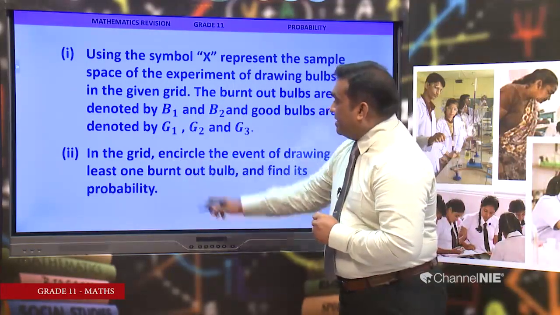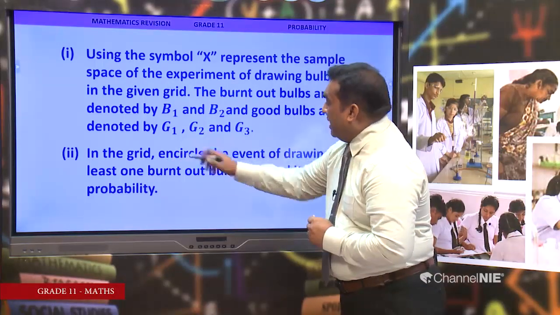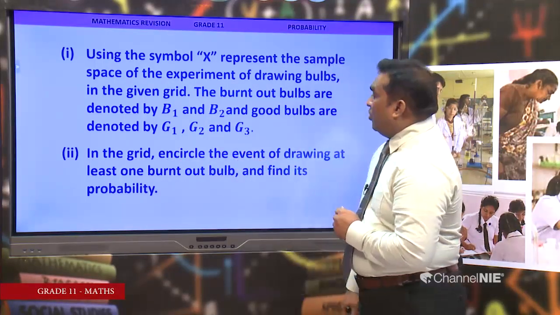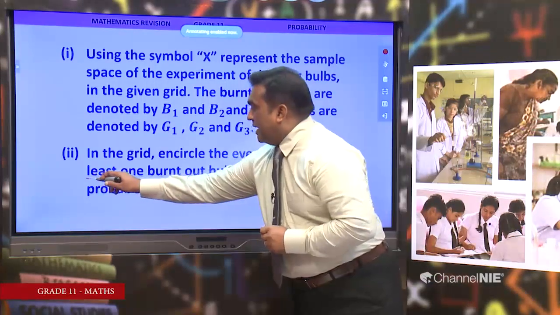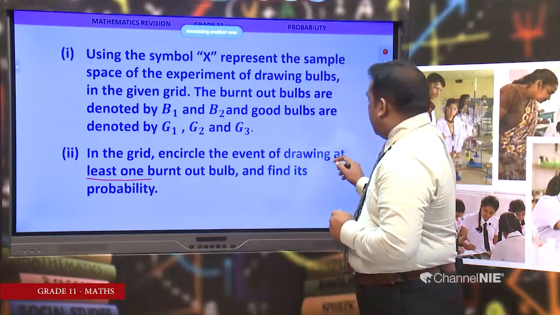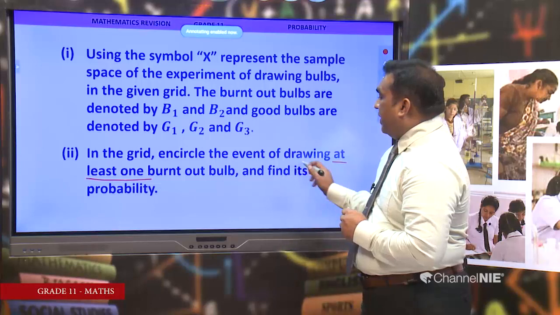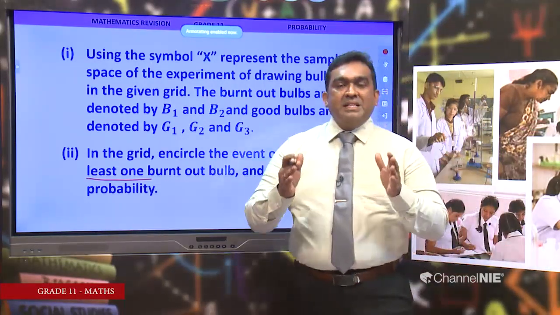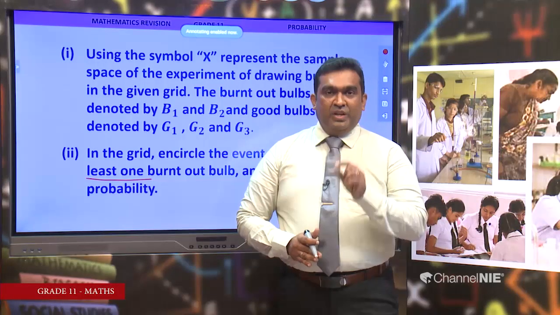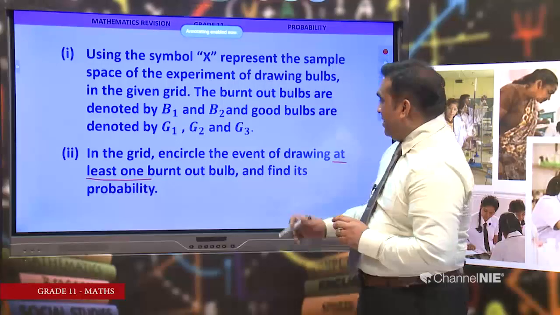In the grid encircle, it means a closed plane figure you have to make, the event of drawing at least one burnt out bulb and find its probability. In previous problem also, at least condition, very very important word, at least.